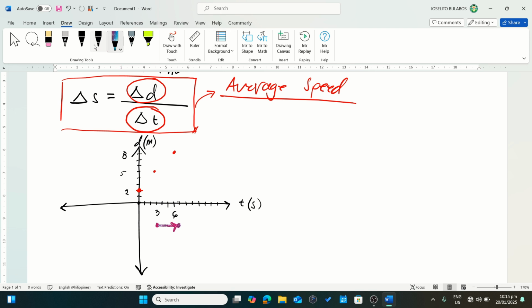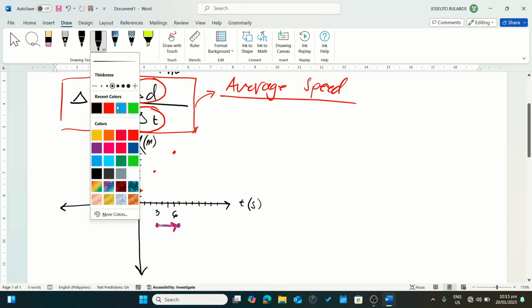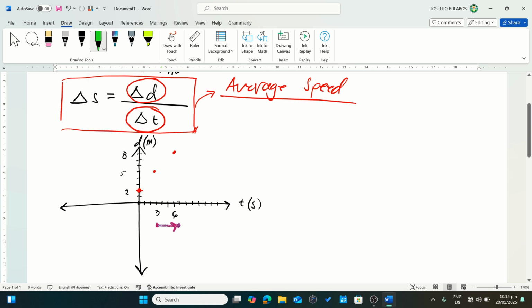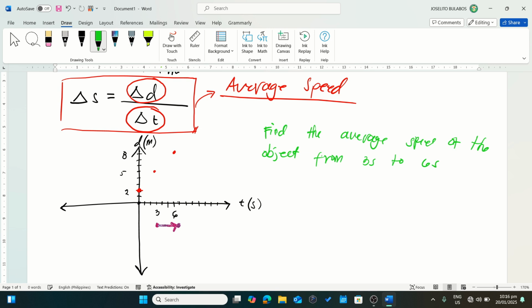So our task here is to simply find the average speed of the object from 3 seconds to 6 seconds.